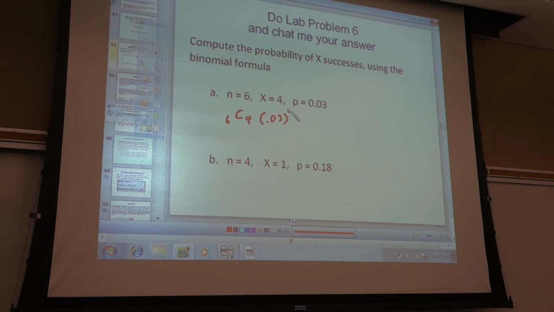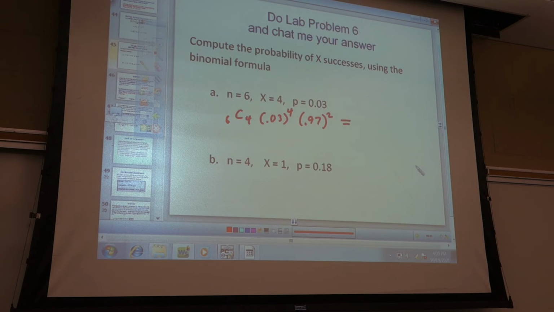So 0.03 chance of success raised to the number of successes, times the probability of failure. What's the probability of failure for one little guy? Yep, 0.97. How many failures do you want to have? 2. Yep. 4 successes, 2 failures.